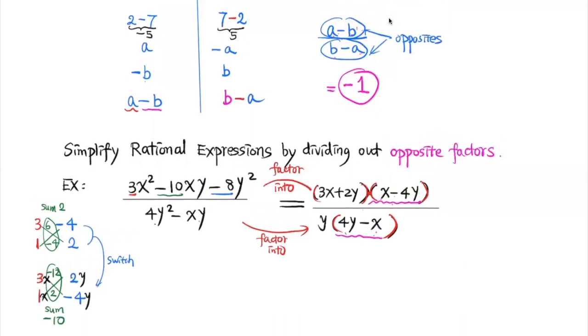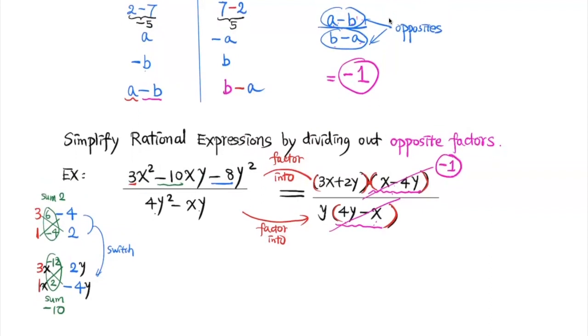So I divide them out and get -1. Usually we put the -1 in the numerator on top, so that becomes -1 times this. Let's keep the negative sign outside. So it's negative, and then parentheses, 3x plus 2y.